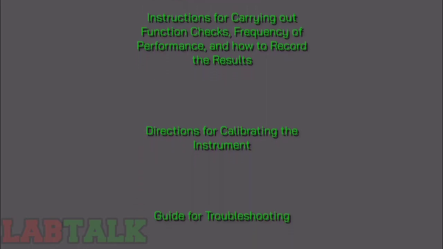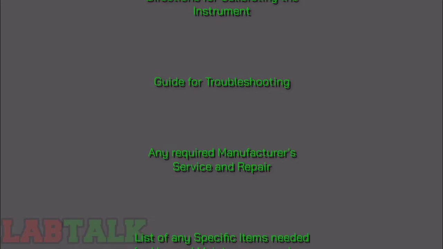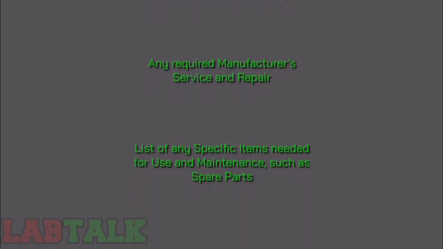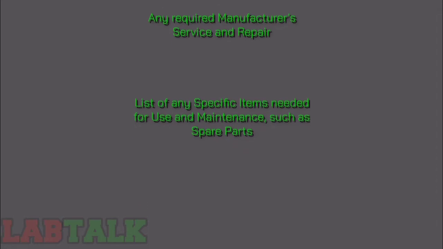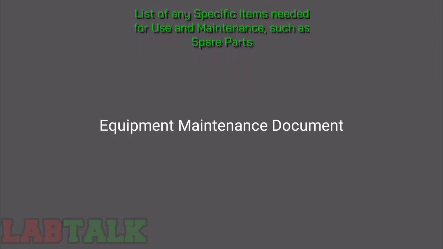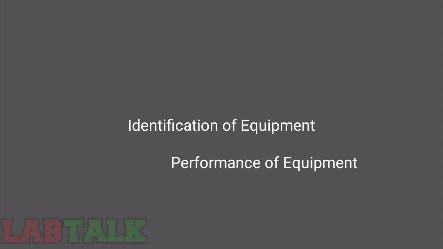The directions for calibrating the instrument should also be included. After that, a guide for troubleshooting, any required manufacturer service and repair, and a list of any specific items needed for use and maintenance, such as spare parts. All these should be listed and kept as a part of the equipment maintenance document. For all equipment, include identification of the specific instrument and information on its performance.